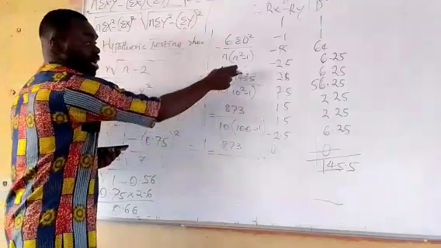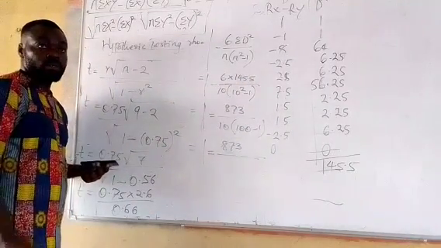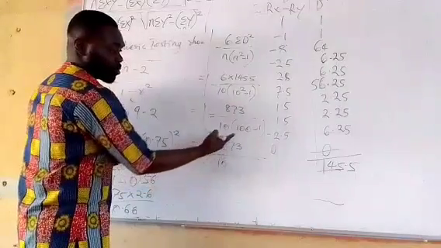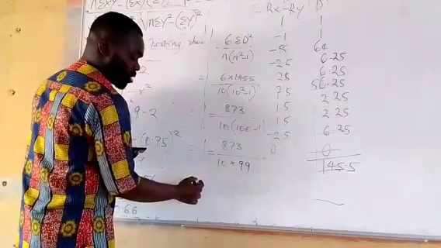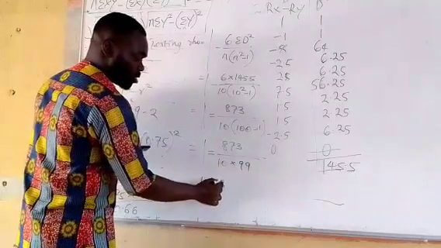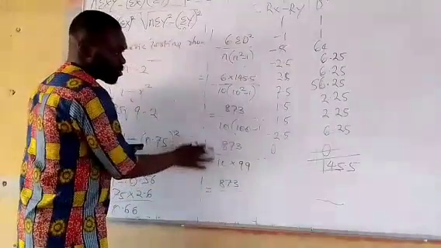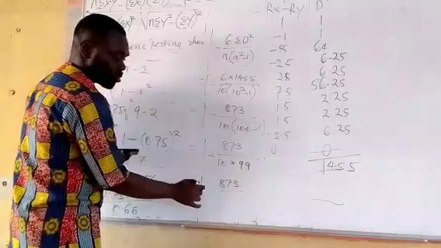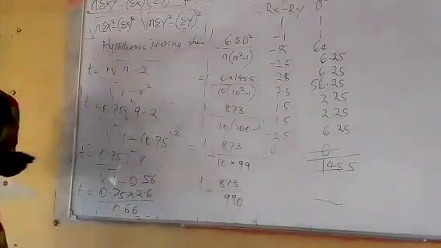I said 6 times 145.5. Confirmed. Okay, we move. Now 10 times 99 gives 990. So 1 minus, sorry, this is a minus sign, not an equality sign. Divide 873 by 990.